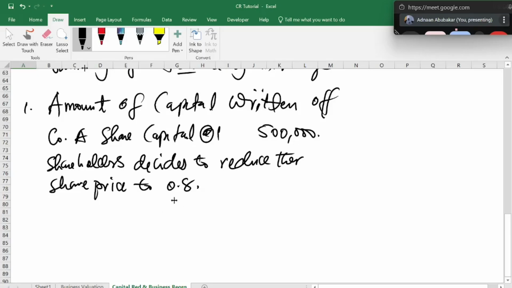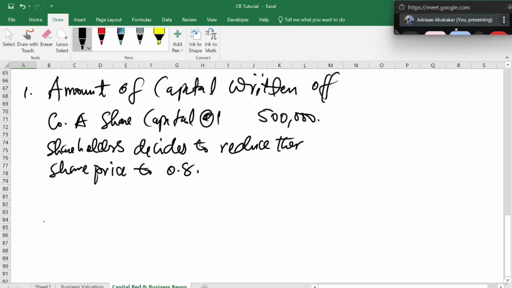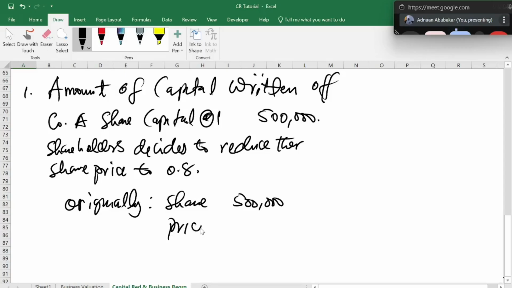What does this mean? What this means is that originally this is their share capital. Their shares are how much? 500,000. And then the share price is 1 cedi, right?